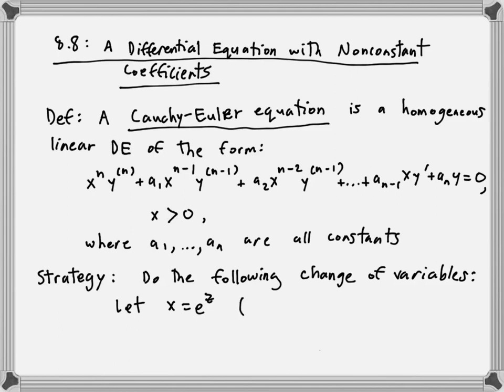In other words, z is going to be our new independent variable. Now, it's not exactly obvious what's going to happen if we were to let x equal e to the z in a problem like this. However, the following lemma will answer that question.